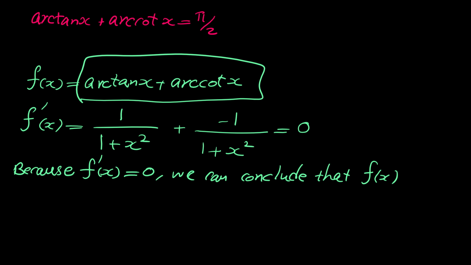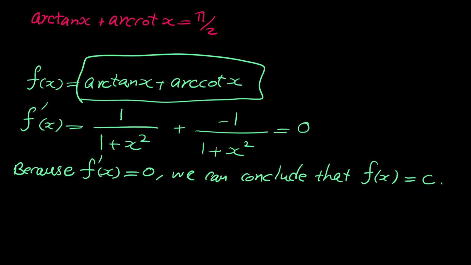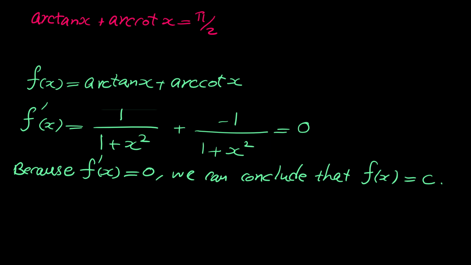So this means that the function f of x, which is this expression, is always equal to a number. Its value doesn't change. x changes, but the value of this function doesn't change.